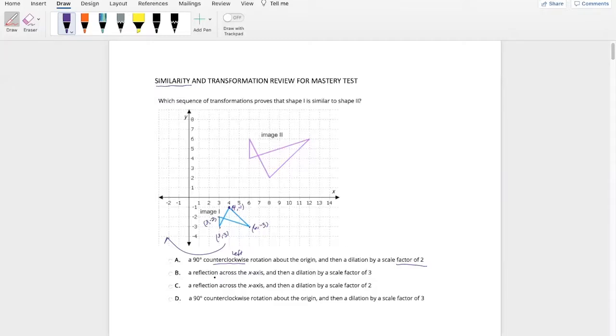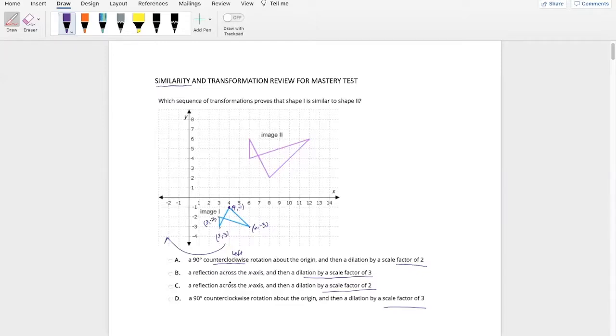The next one says a reflection across the x-axis, so that would flip it up here. And then a dilation by a scale factor of 3. And then this one says a reflection across the x-axis, so same thing, flip it up here, scale factor of 2 though. And then the last one is a counterclockwise, so again rotating it this way and checking that scale factor of 3.